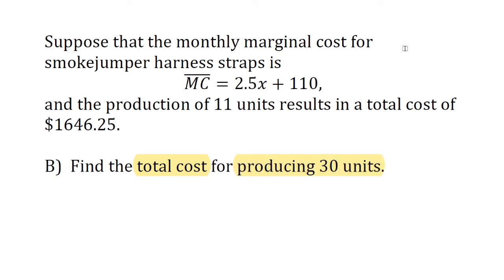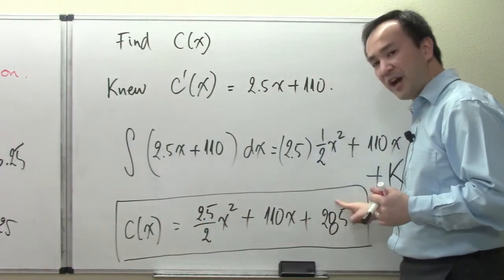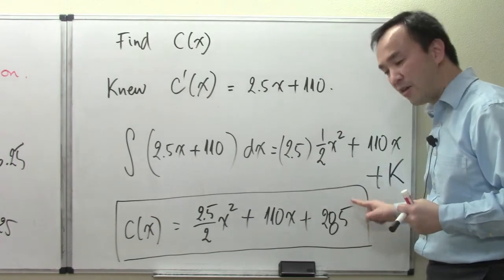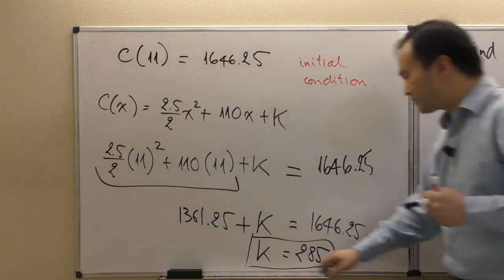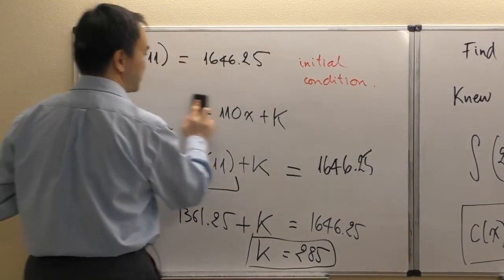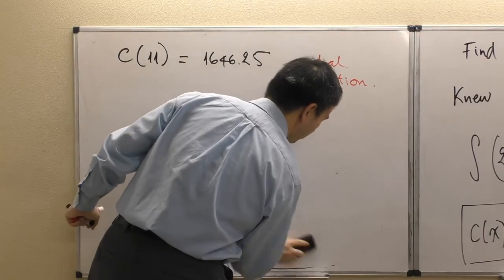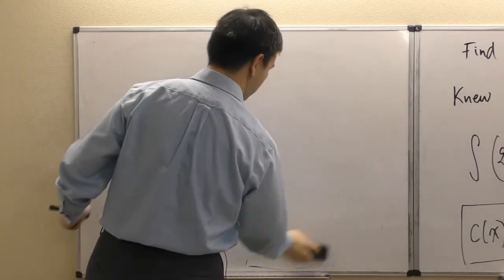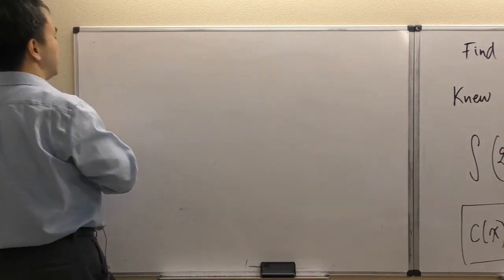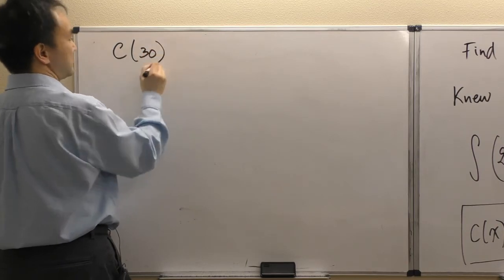That means with our found C of x function and with the final concluded constant k value right here, I should now be able to calculate C at 30.